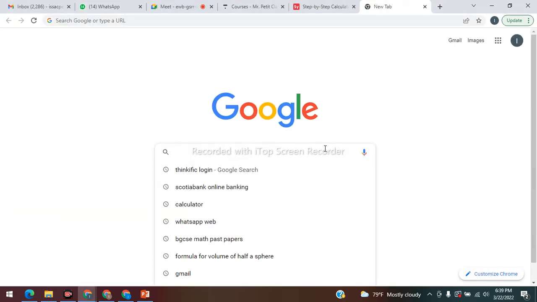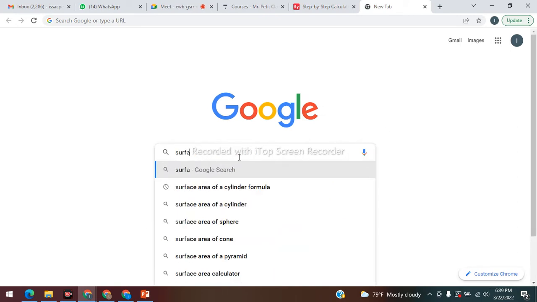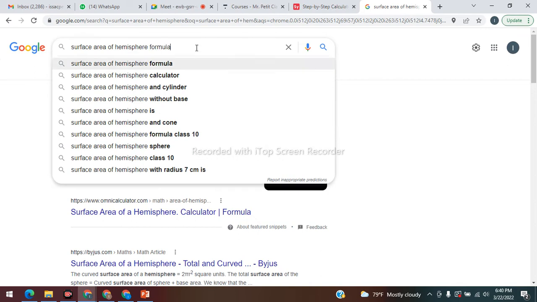Where are we now? Yeah, so we need the surface area of the hemisphere. Formula.